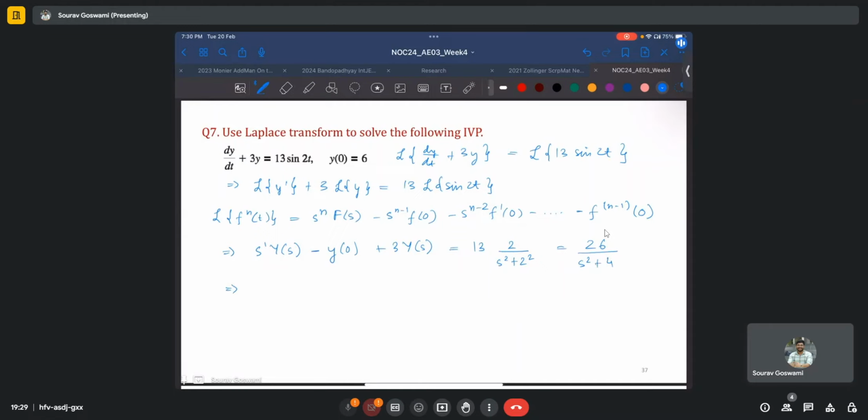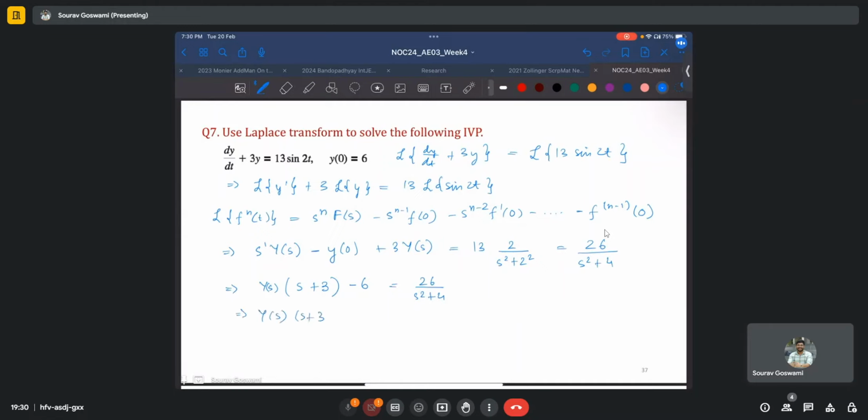Let us substitute the value of y0, which is equal to 6. So y of s times s plus 3 minus 6 is equal to 26 by s square plus 4.